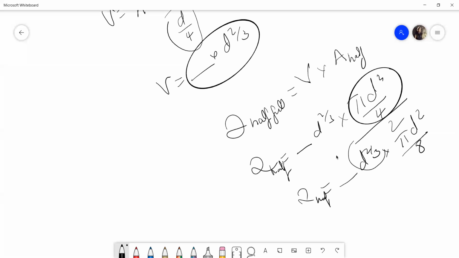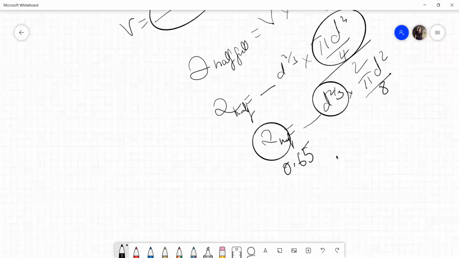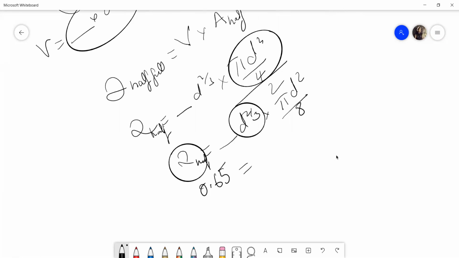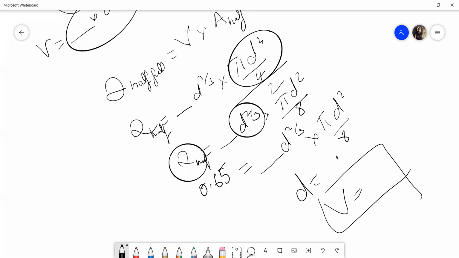You know the value of Q, that is 0.65, that is 650 liters per second converted into meter cube per second. So 0.65 is equal to something D to the power 2 by 3 into pi D to the power 2 divided by 8. So you have to find out the D. Then find out the V. So we get the velocity.